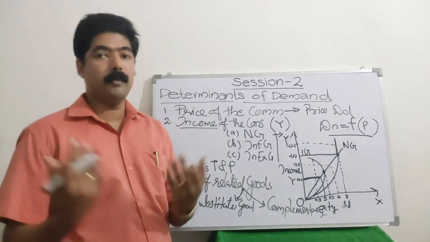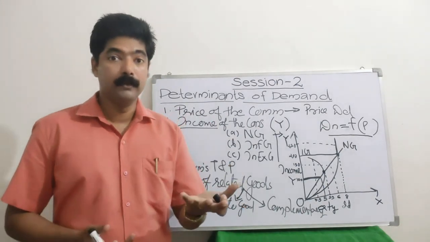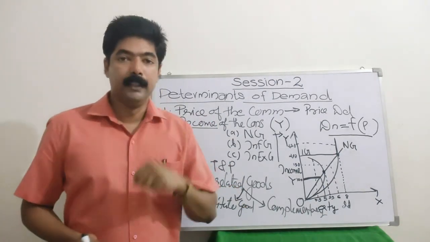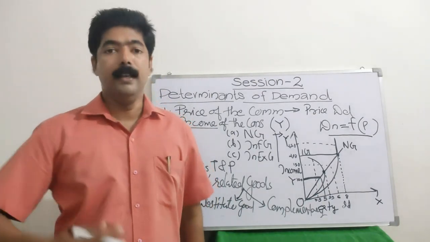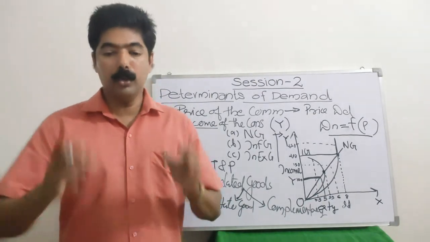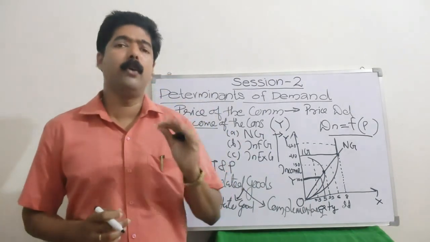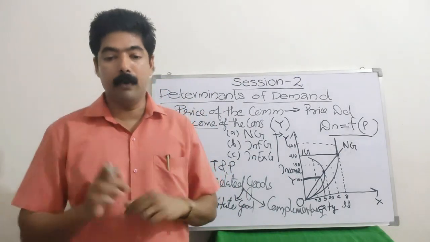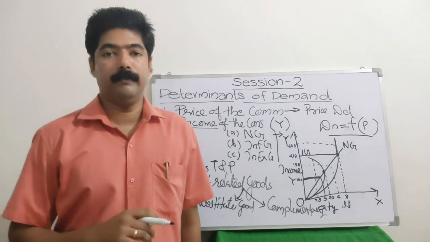Now, what are called substitute goods? Substitution means we make a substitution. Listen. Substitute goods are those goods which satisfy the same type of need by the use of another commodity.